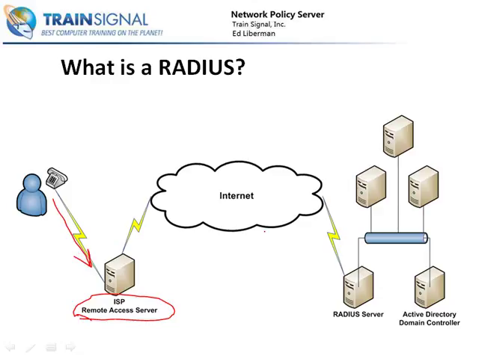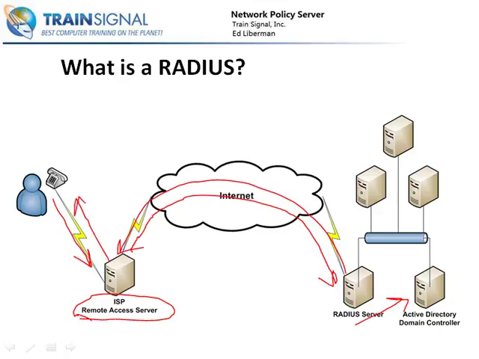So what we would have is a connection to the internet, and a relationship already set up so that as the user dialed into the remote access server at the ISP, that remote access server would then go across the internet and connect with the radius server within our own local network, who would then authenticate the user via Active Directory, and then also give the approval as to whether this user was allowed access or not, send that back to the remote access server, who would then tell the user whether they were getting in or not.